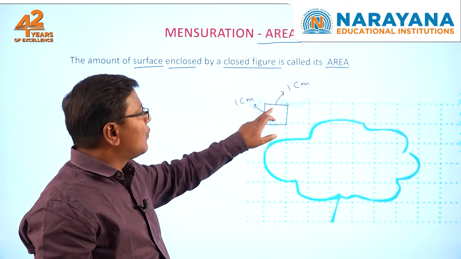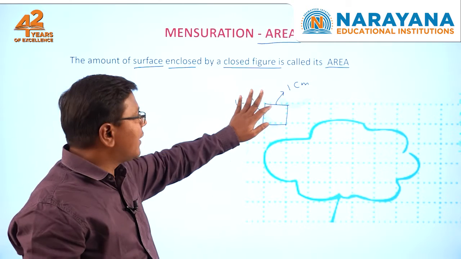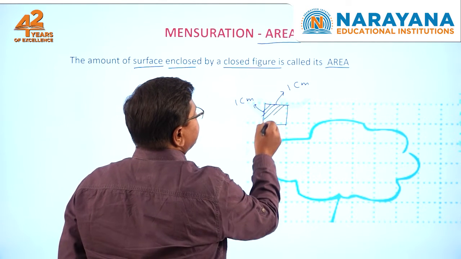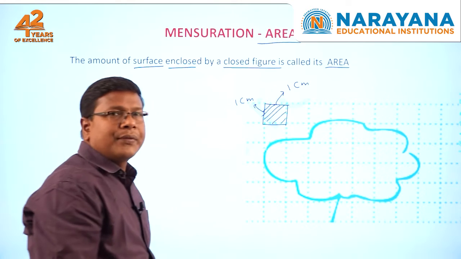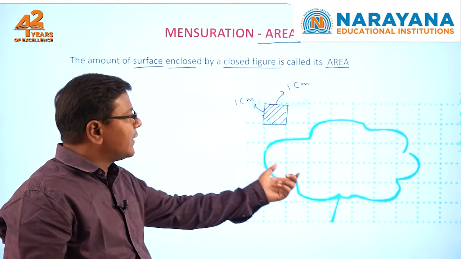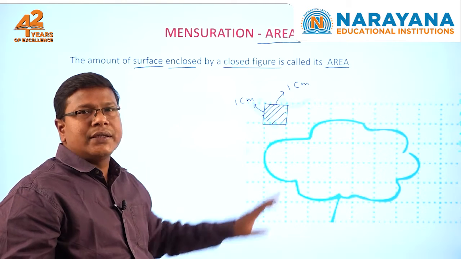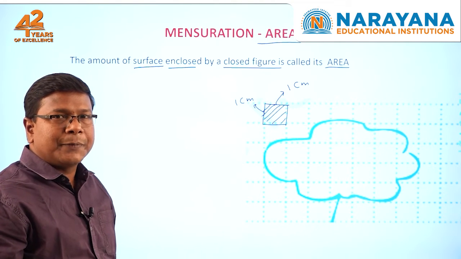This gives you 1 square centimeter area. So, how many such squares are there? If we count, that count gives you the area of this irregular shape.